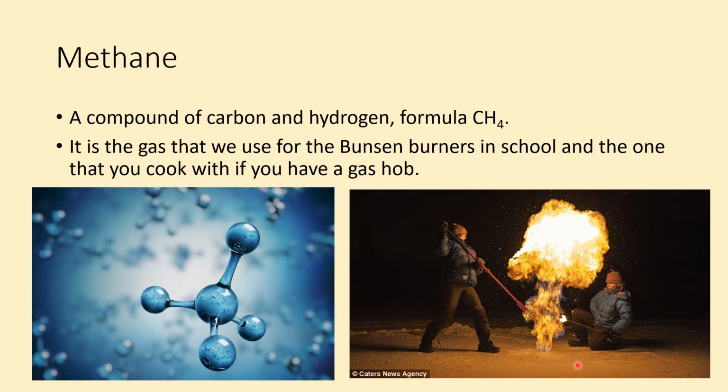So there's methane bubbles trapped underneath the ice, and because of global warming, climate change, that ice is melting and it's releasing the methane, which is a big problem because methane is a very powerful greenhouse gas.